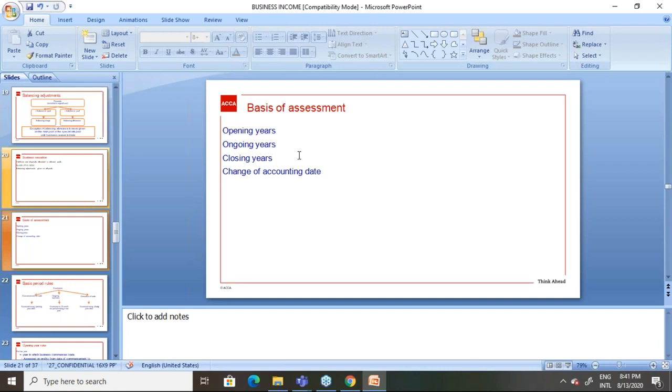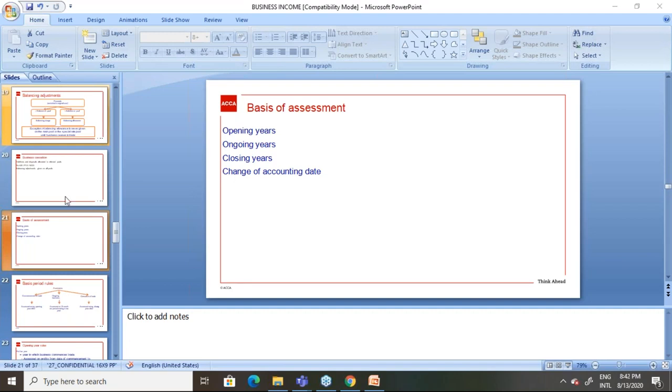So within the time period that is available, I will try my level best to explain these things. Okay. Now, when it comes to basis of assessment, that's the concept that is only applicable to unincorporated businesses. These basis of assessment rules are not applicable to corporates or companies.